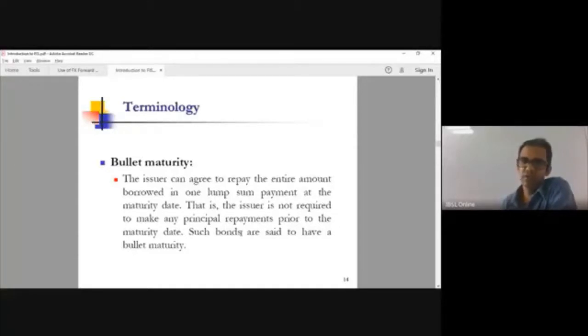Those are called bullet maturity, and therefore the issuer is not required to pay any principal before the maturity, and lenders or the bondholders cannot ask the issuer to pay principal earlier than the maturity. So those type of bonds we call bullet maturity.